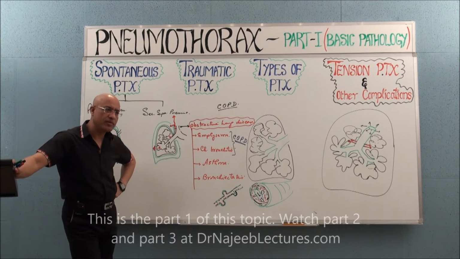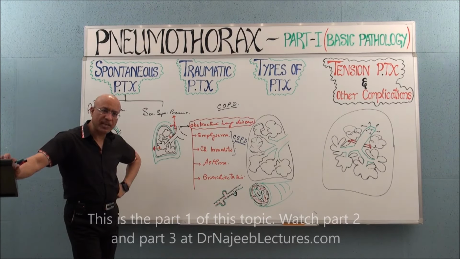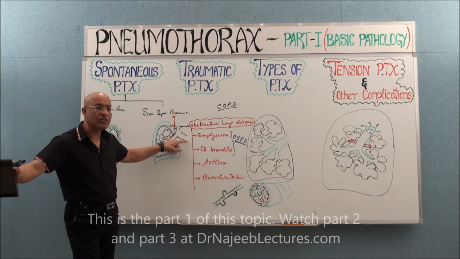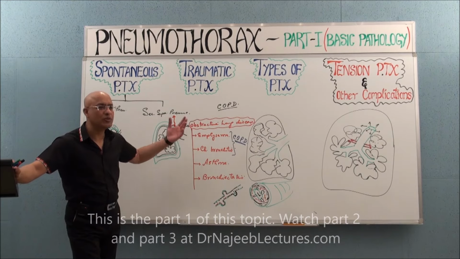Any question up to this? So now you are hopefully very clear that patients who have obstructive lung diseases have a higher risk of spontaneous pneumothorax. And this spontaneous pneumothorax must be considered secondary pneumothorax.